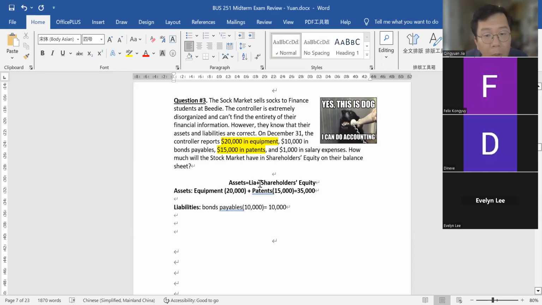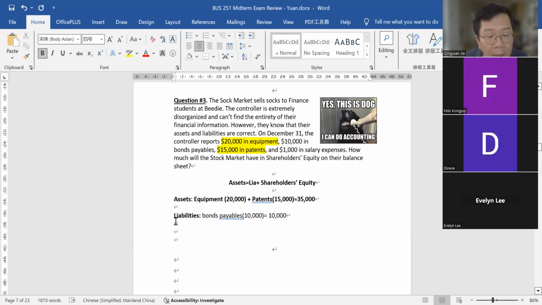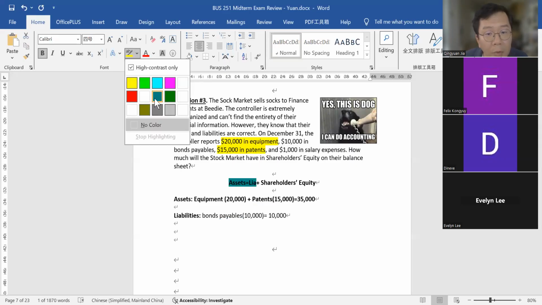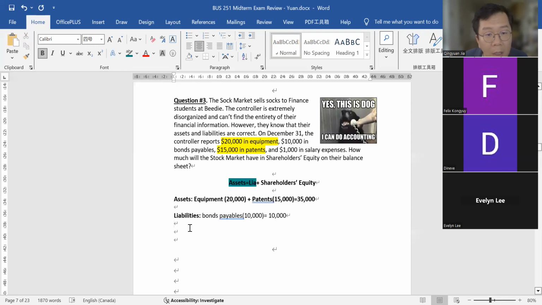And this equation makes sense now because we have assets and we have liabilities. We have these two parts, right? And then you just have to do some calculations. So shareholders' equity, I'll just copy it from here, equals 25,000.